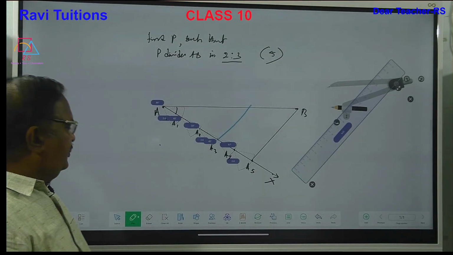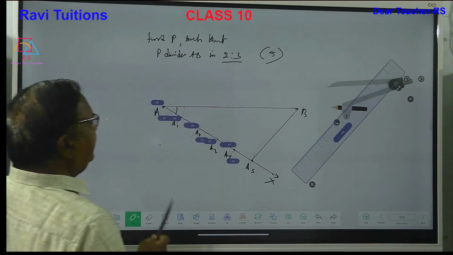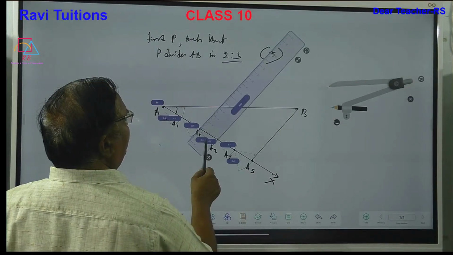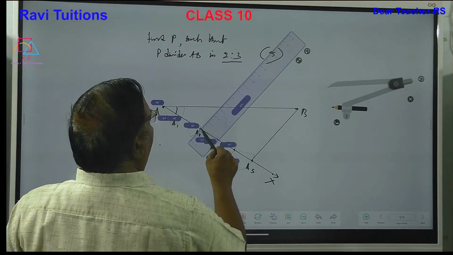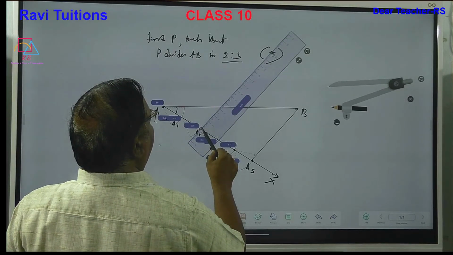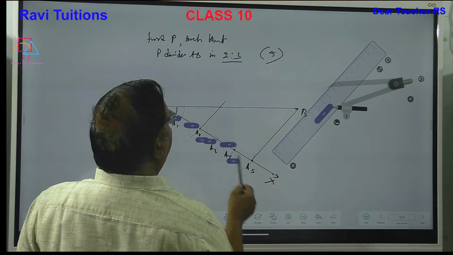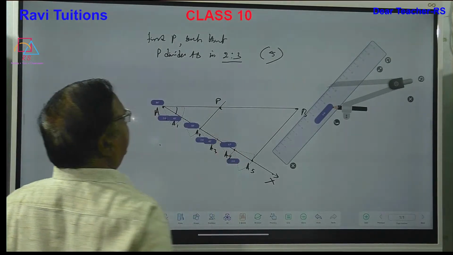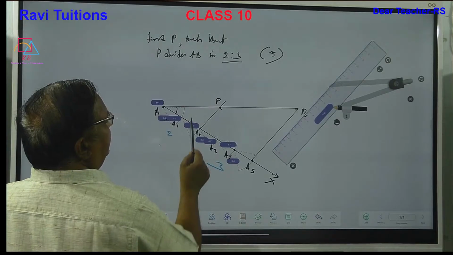So now you have to draw a parallel line through A2, and this parallel line meets AB at P. So this is 2 parts and this is 3 parts.